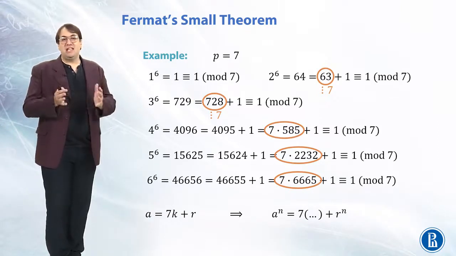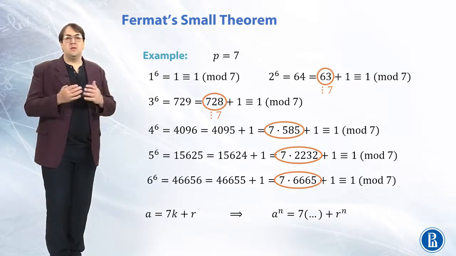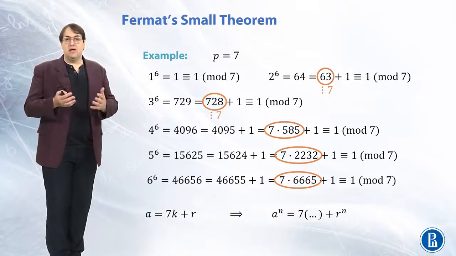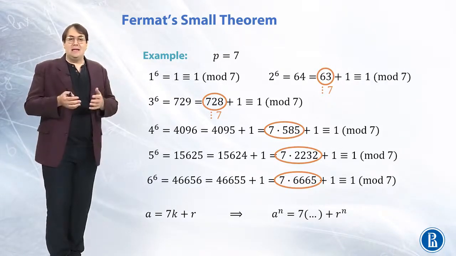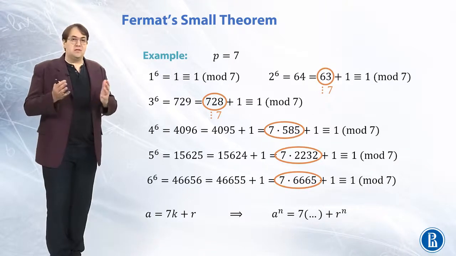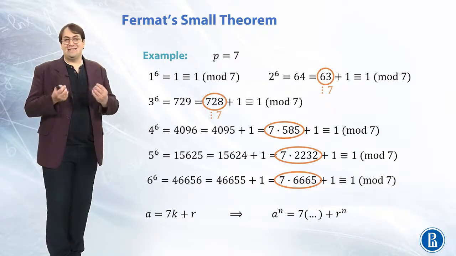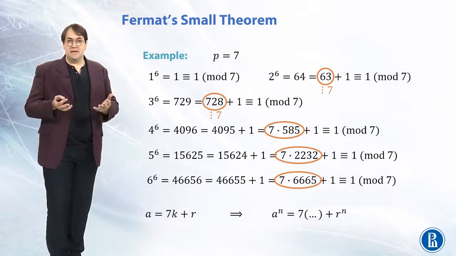So we checked all the remainders except for 0, because we know that in Fermat's small theorem, a should not be divisible by p. In our case, a should not be divisible by 7. And in all of these cases, for all these remainders, we saw that their sixth power is really congruent to 1 modulo 7.